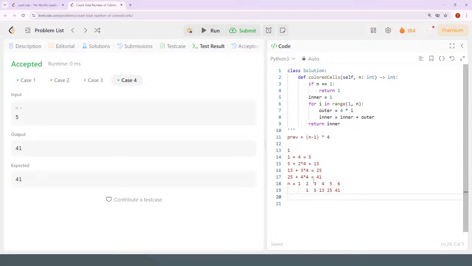If you subtract n plus 1 squared, it doesn't really line up. 1, 4. No. So the next one after 41 should be 41 plus 5 times 4, which is 41 plus 20, so that's 61.